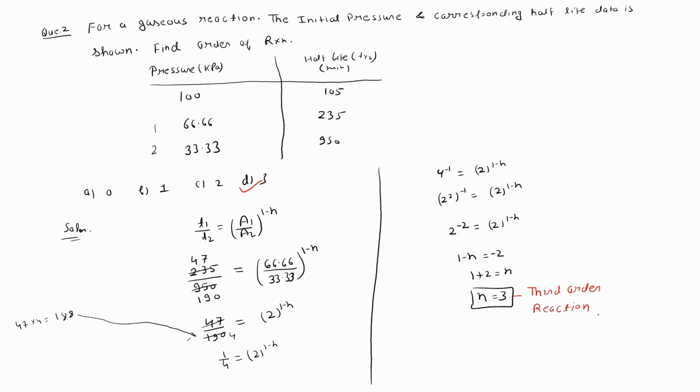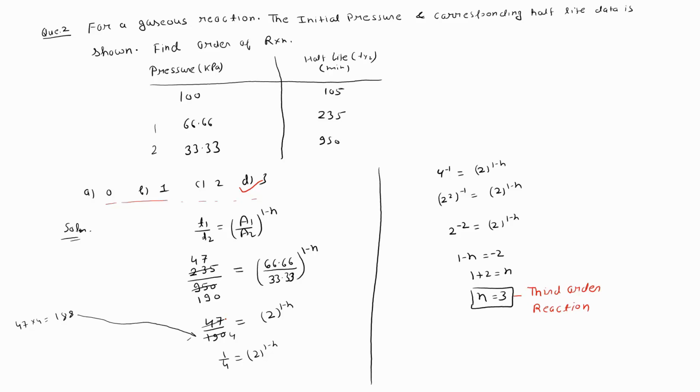Actually, if you see the options in this question, all options are integer type. So we don't have any option that is in fraction. So we have to take the approximation that this is actually 1 by 4, not less than 1 by 4.